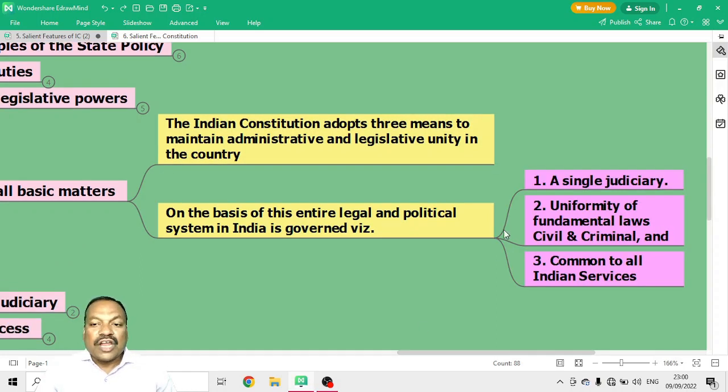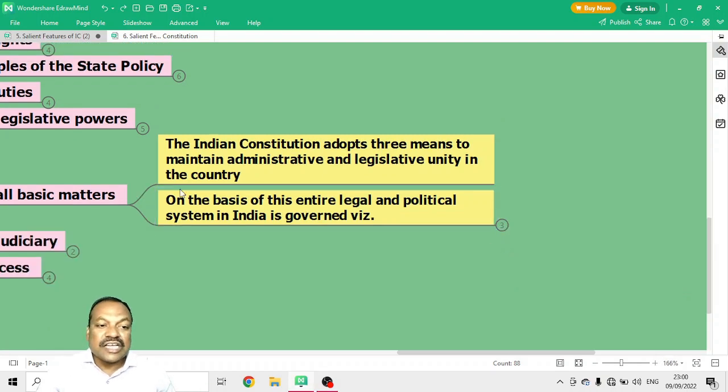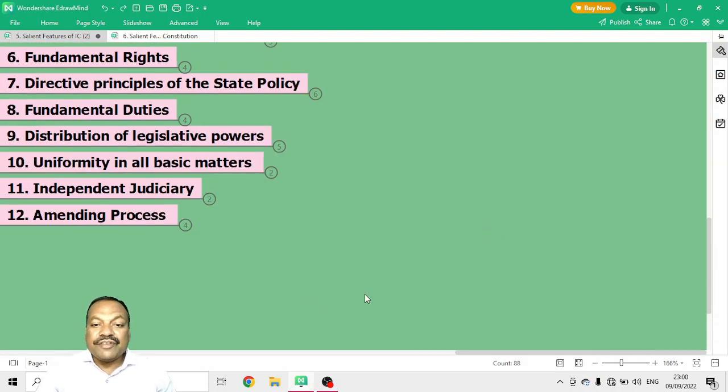Number one, we are having a single judiciary. Secondly, we are having fundamental laws uniformly, concerning the civil laws or criminal laws, whatever the case may be. And thirdly, common all-India services. So all services are provided to each and every individual in a uniform manner.